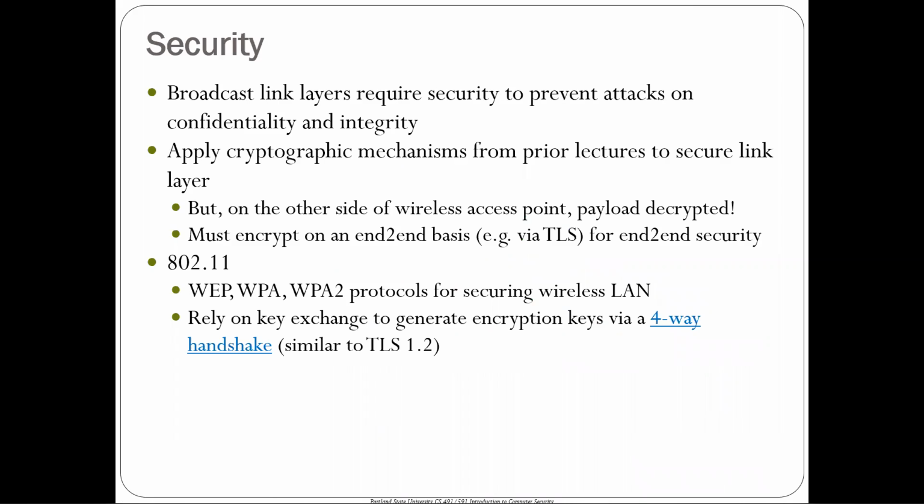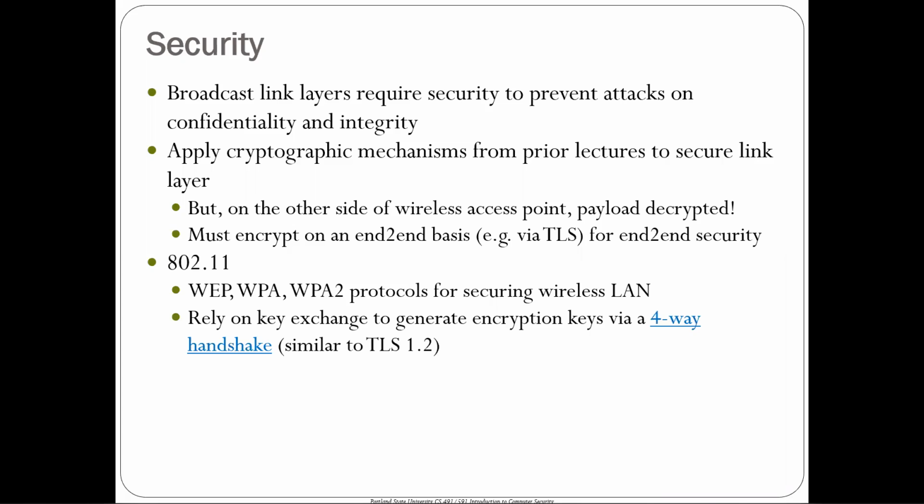Okay, so obviously you don't want this to happen. So in our broadcast link layer, we require confidentiality and integrity to be bolted on. And we're gonna do this using the exact same cryptographic protocols that we talked about earlier in the class, in the context of TLS, where I gave you an example protocol for where the key exchange was being done.